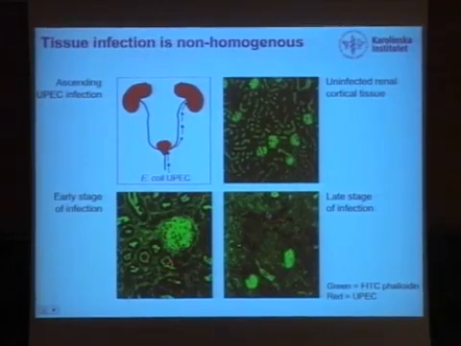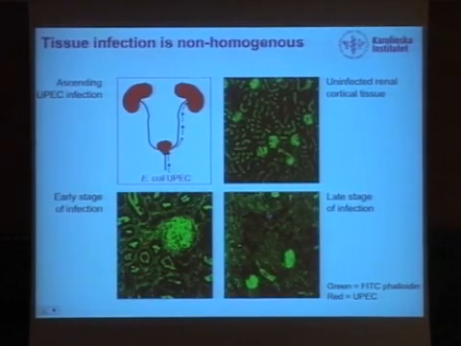Some areas are completely uninfected, and that is going to be the majority of the areas, while others have severe tissue destruction, or you can see some areas where you have bacteria present at the very early time frame, where you still maintain very nice tissue morphology. I'd like to mention that these are confocal images from fixed tissue sections in this case.